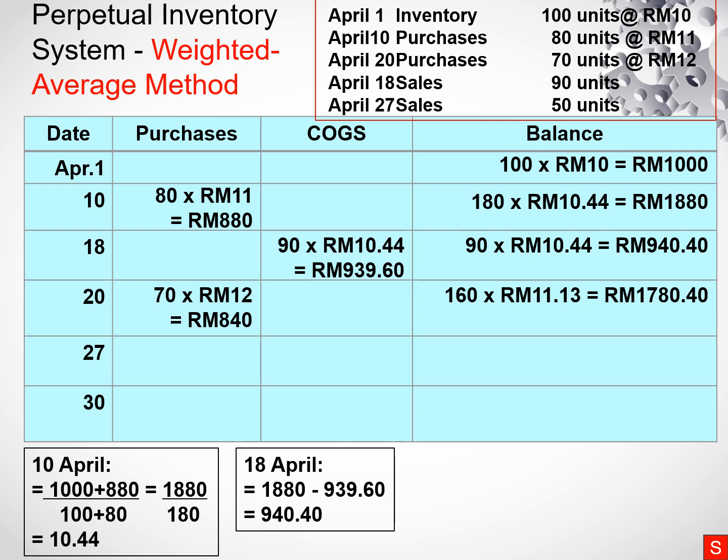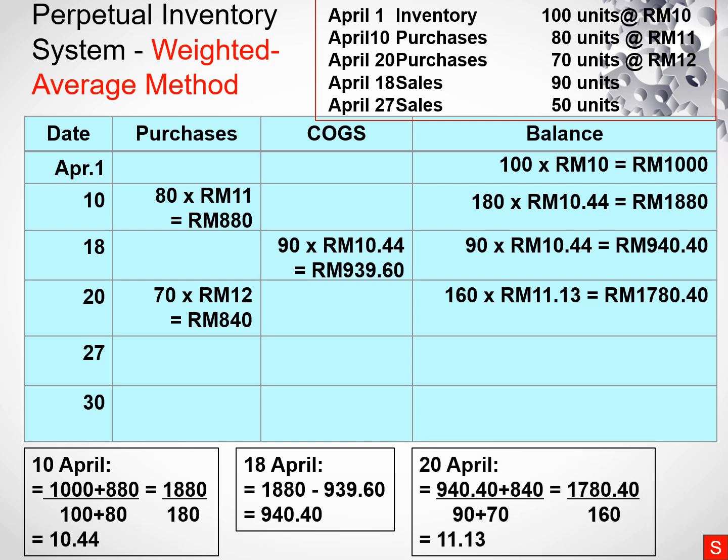So the cost balance is 1780 and 40 cents. Then calculate the cost per unit as follows. Cost, 940 and 40 cents plus 840, divide by unit 90 plus 70. So equals to 11 ringgit and 13 cents.